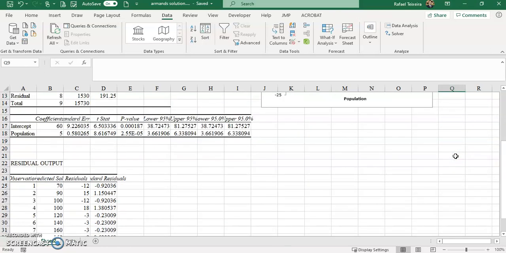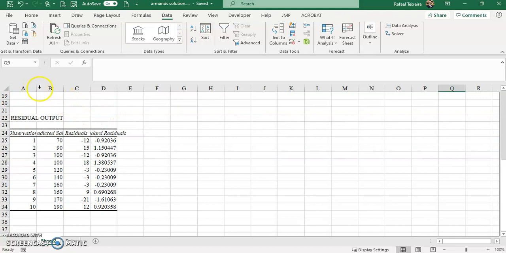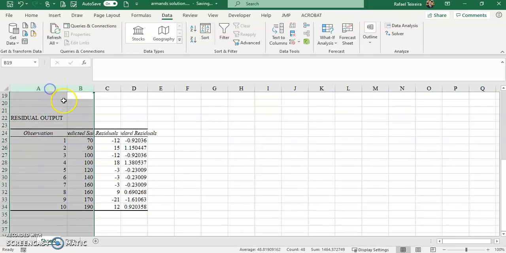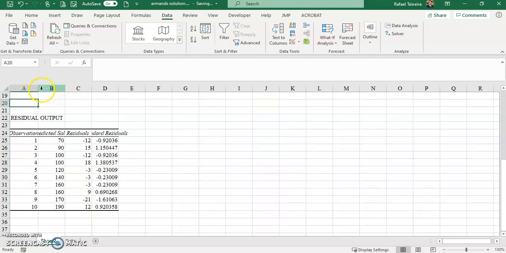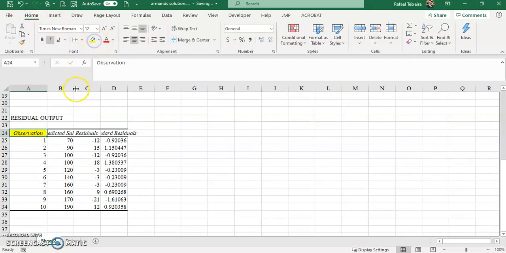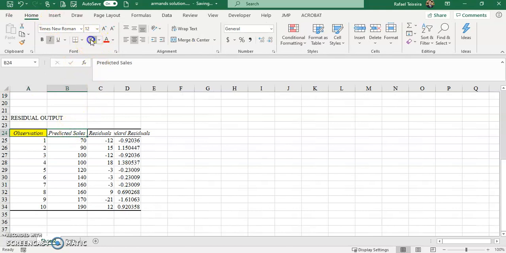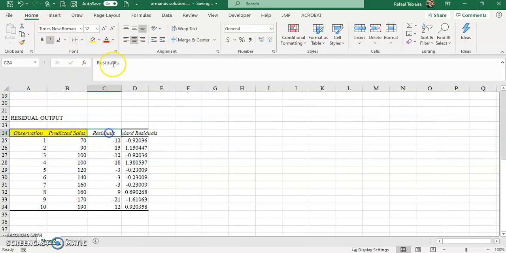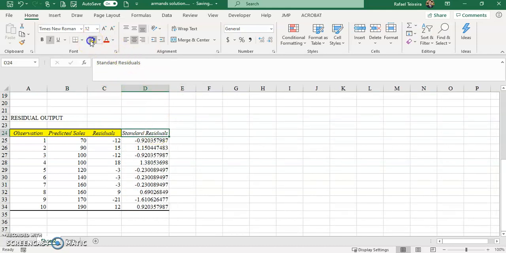Also, if you scroll down, you see that we have a new table here. We have a table with information about each one of the restaurants, which is called observation, and then we have the predicted sales, and we have the residuals, and we have the standardized residuals. This is a new one. The standardized residual is the residual divided by the variability of these residuals.